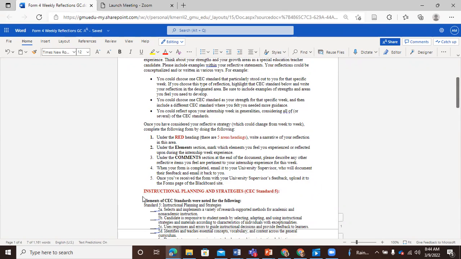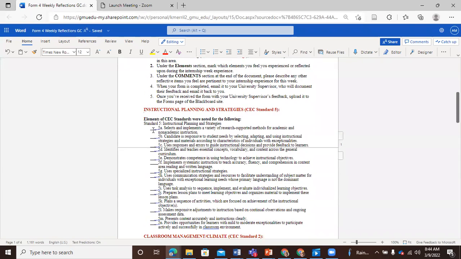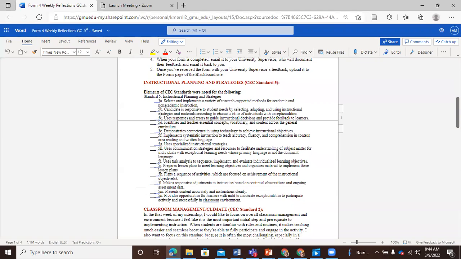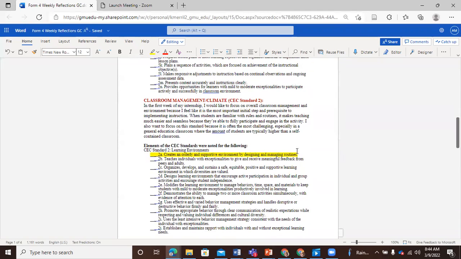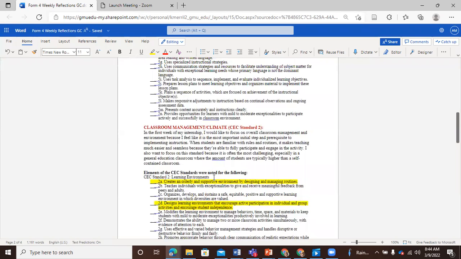Under each standard, you are going to write a narrative reflecting on this standard. You are also going to mark the elements that you either practiced or reflected on for this week. So you can highlight it. You could do one, you could do multiple. There is really no number that we're looking for here.